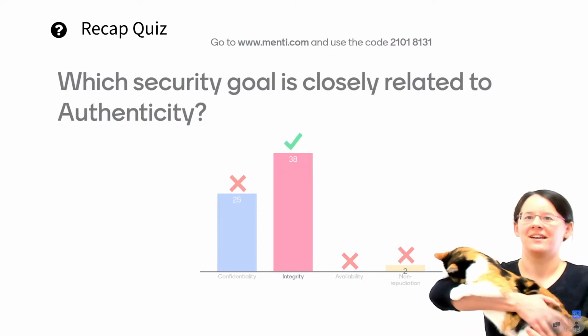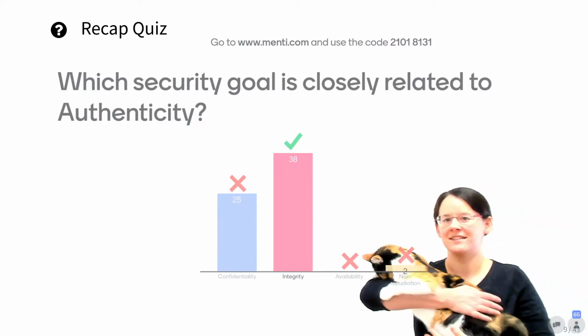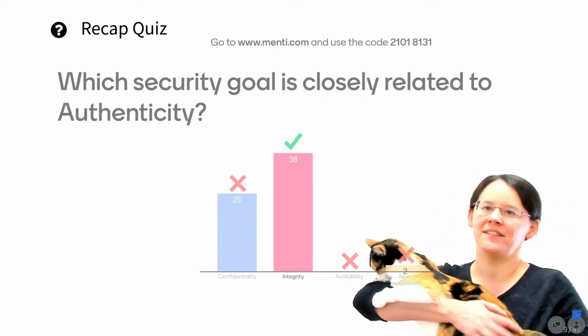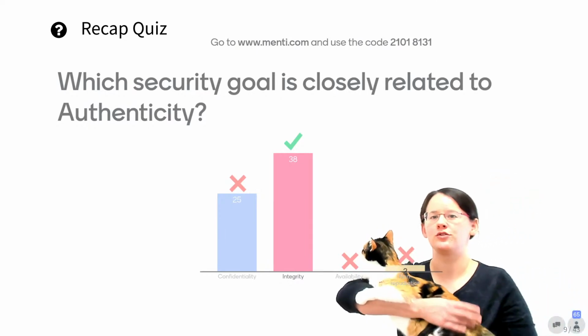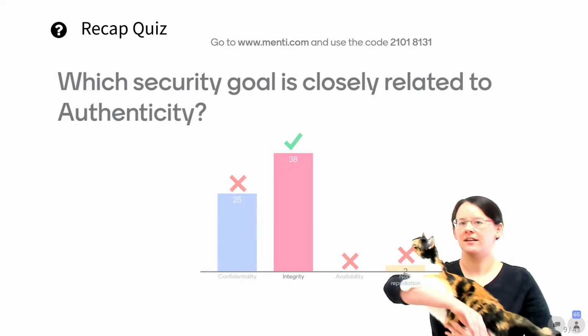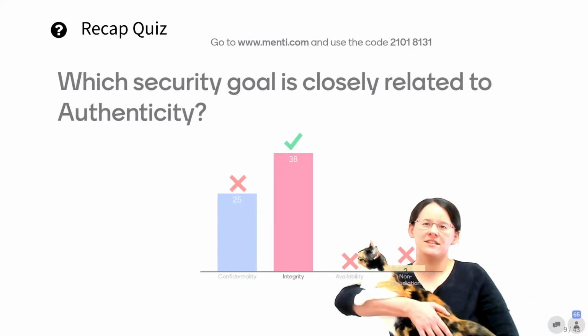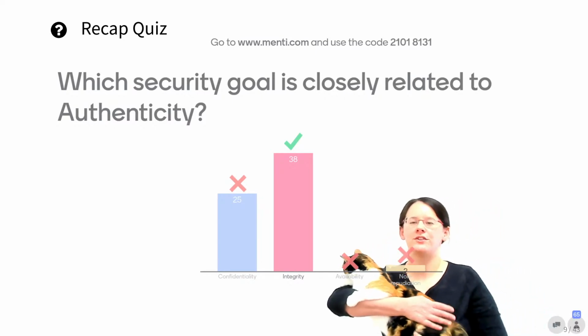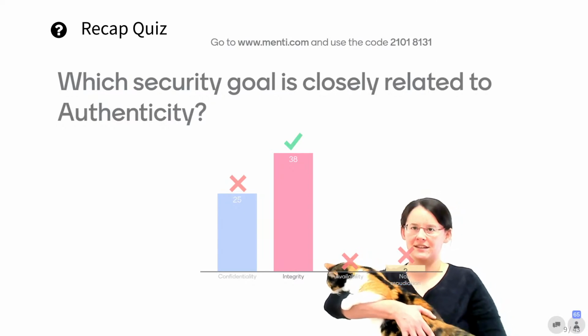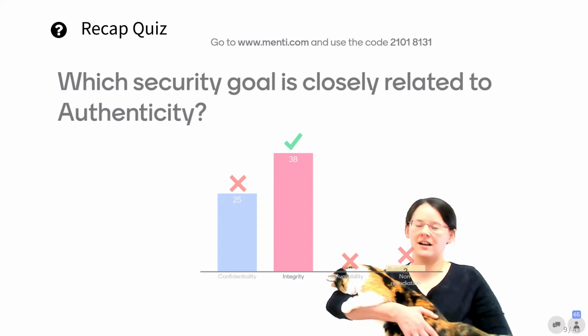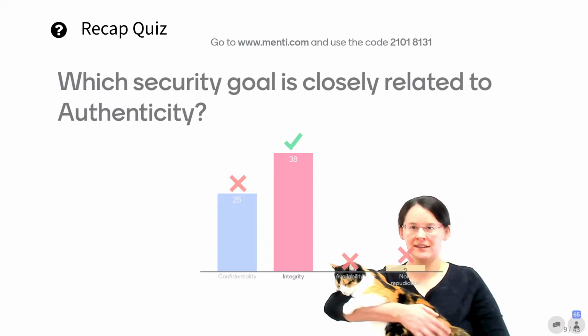Okay, it appears there was a tie between two answers, so one of them is the correct one, and that's integrity. So integrity means checking that the message wasn't modified in transit. And that's of course a necessary prerequisite for achieving authenticity, so being sure that the message is from who we think it is. So for this reason, I would call it closely related.